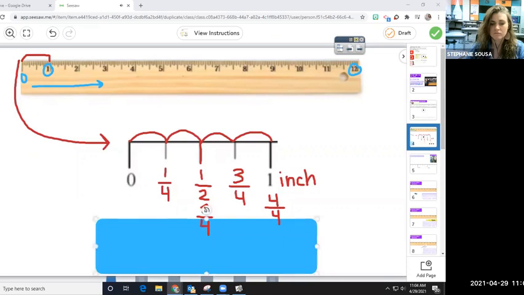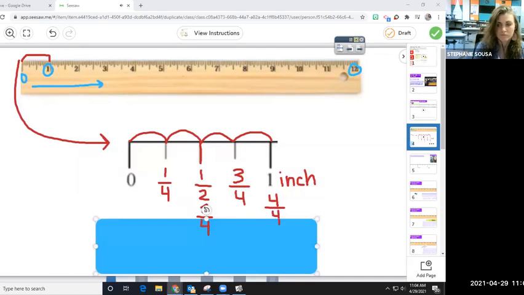When I look at this 1 inch zoomed in on a ruler, I feel like I have seen this before. 0, 1/4, 1/2, 3/4, 1 whole. That sounds familiar.